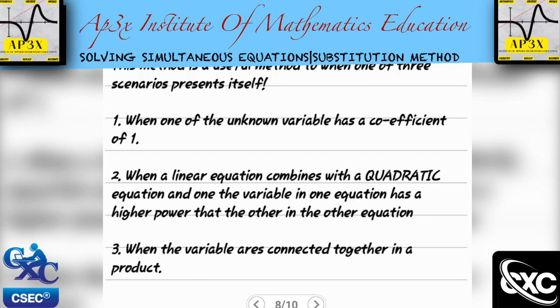Now, number 2 and number 3 are particularly catalysts that we use to identify what is known as a simultaneous quadratic equation, or what some textbooks will refer to as linear and non-linear equations. So we are going to be using number 1 here as our identification catalyst in using this particular method.